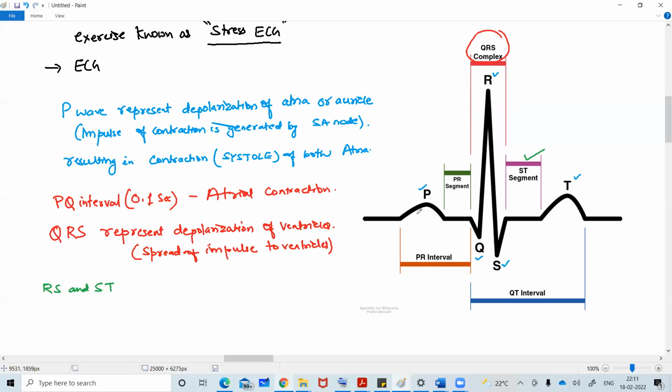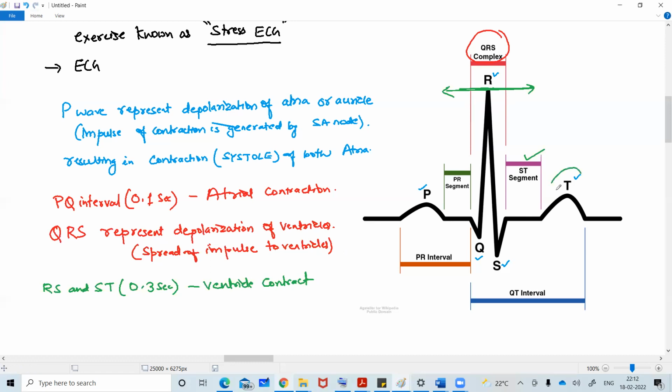During RS and ST, which completes in 0.3 second, the ventricles are contracting. When the ventricles are contracting, blood is moving with high pressure. That's why the R peak is highest here. You can see this particular one. So there's maximum contraction. That's why the blood is coming out from the heart.